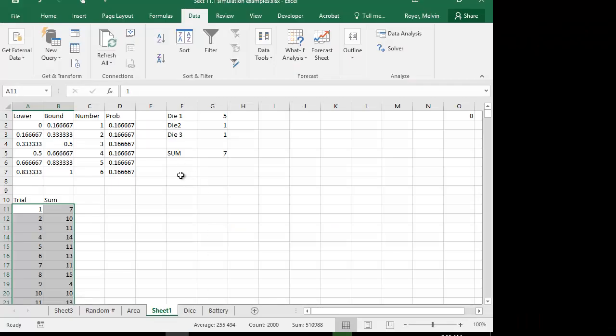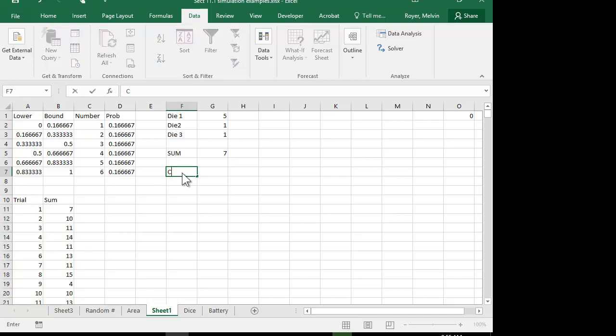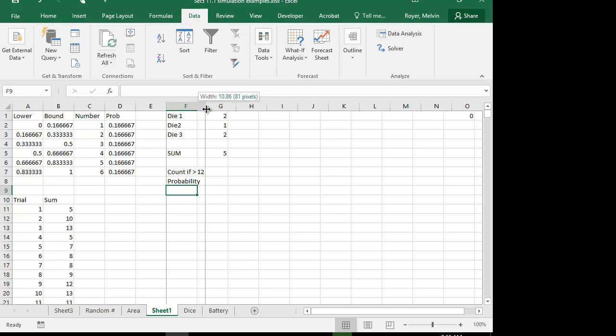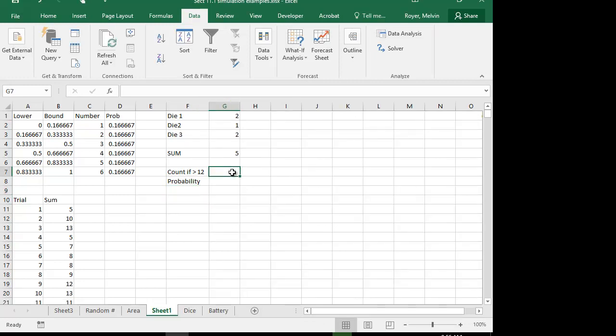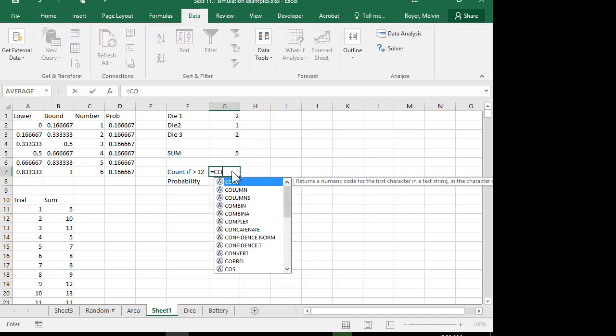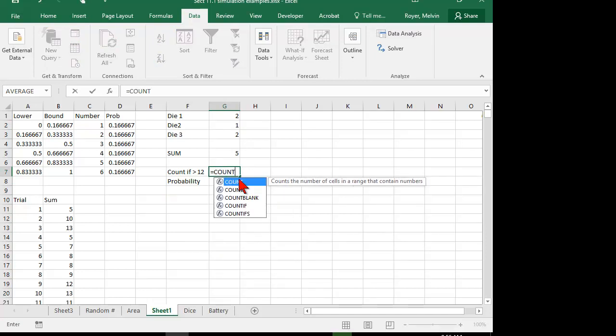Okay, so let's do that by, first of all, a count if greater than 12, and then an estimate of the probability. For the count, I'll use a COUNTIF command again.